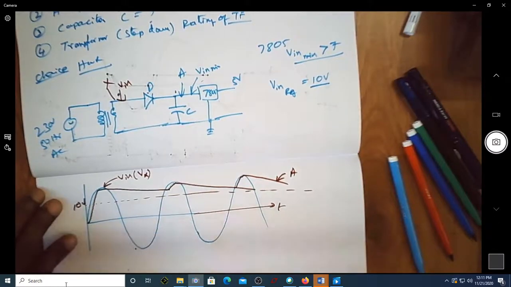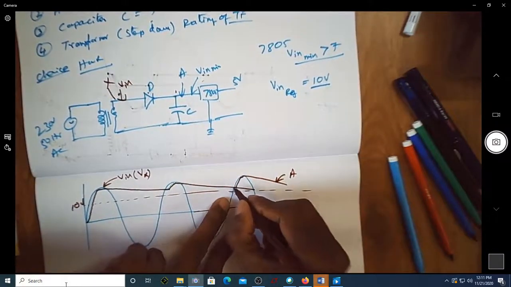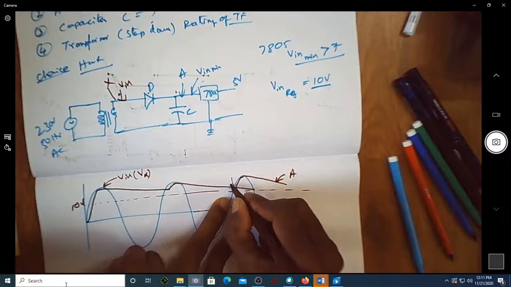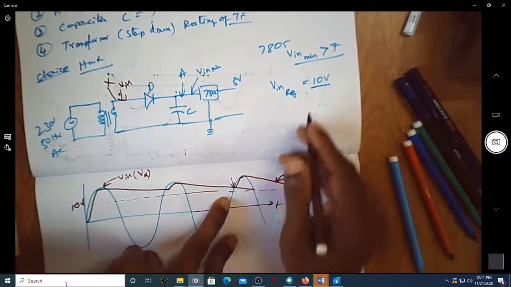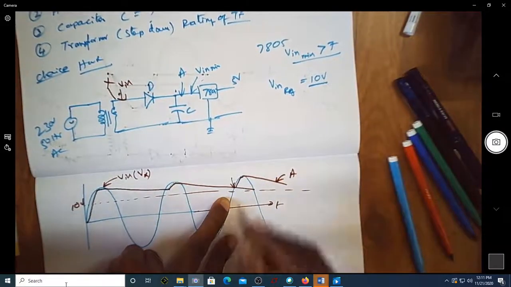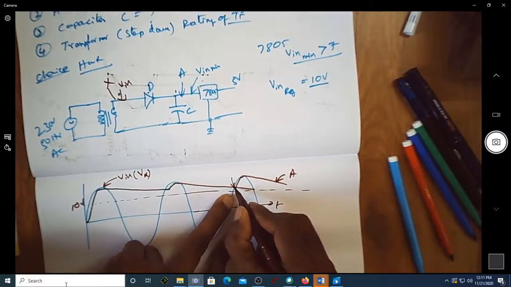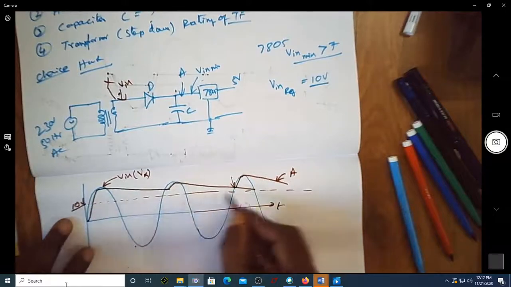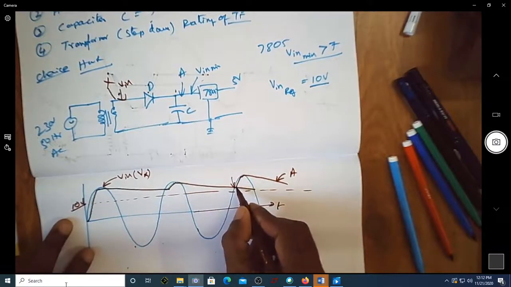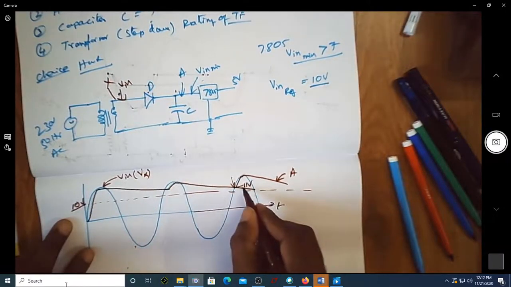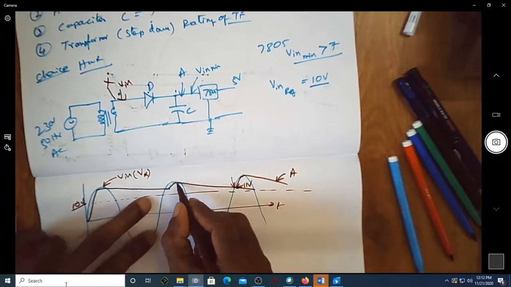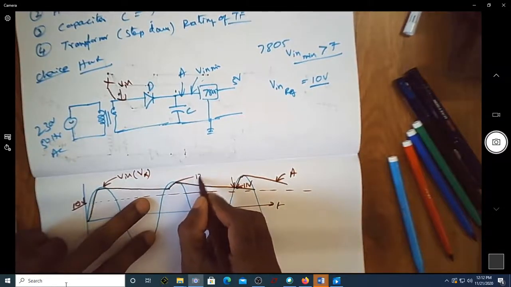So this is 10 volt. Let me assume that this voltage should always be more than 10. We assumed it to be 10, which is the minimum required. Let me have it slightly more than 10. So let us assume this as 11 volt. If this is 11, then let me take this as around 12 volt.